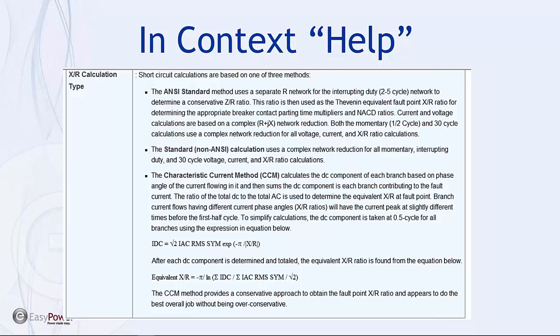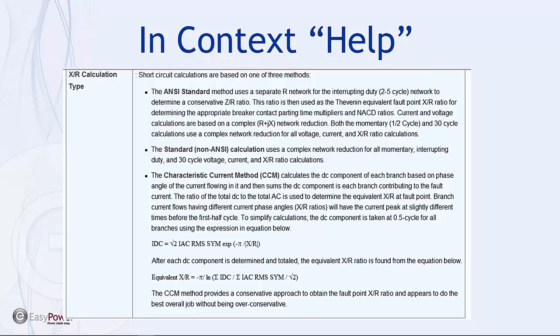It turns out, and I'll touch on this when we get into the tools, there are differences. The ANSI standard was developed primarily before computers were that widely used in this area, and so it's an easier methodology to handle with hand calculations.